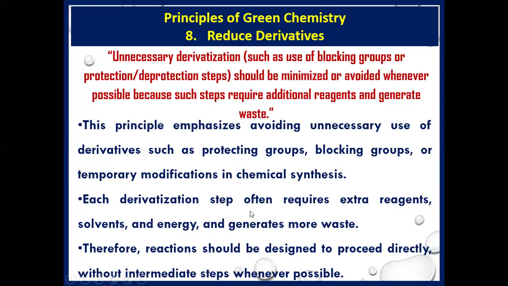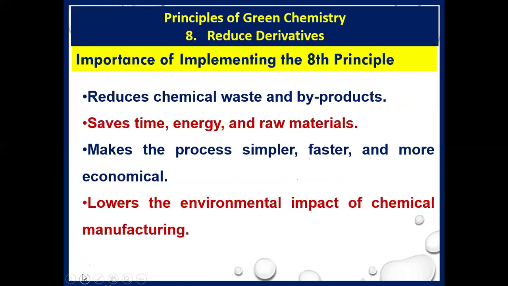Each derivatization step often requires extra reagents, solvents, and energy and generates more waste. Therefore, the reactions should be designed to proceed directly without intermediate steps whenever it is possible.